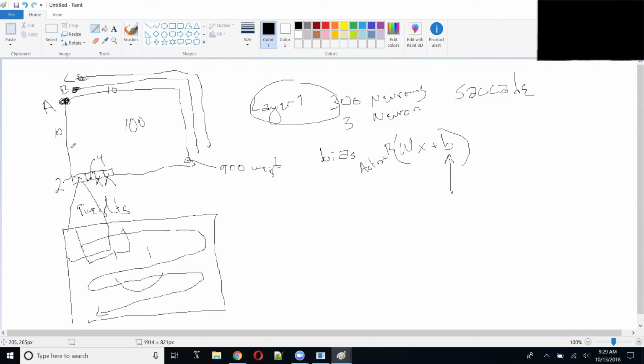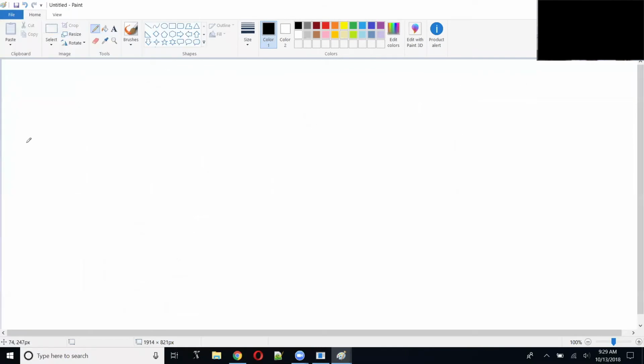Layer 2 is taking a patch of neurons. Okay, let's go back. Here's our image, and here's our 3 neurons, and it generates this activation map.